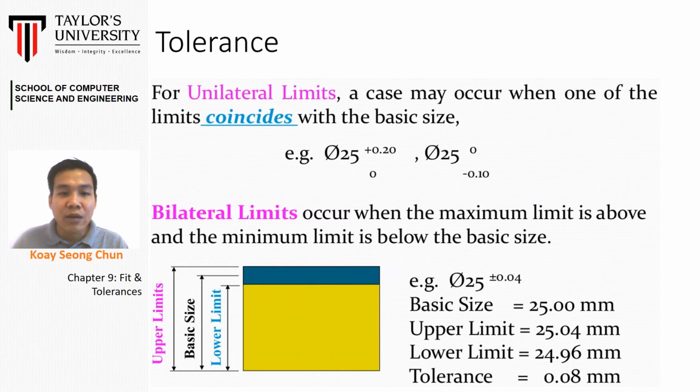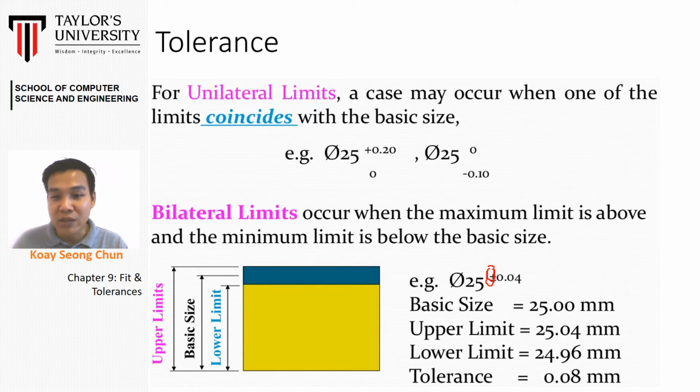Okay, then the other type of tolerance is the bilateral limit tolerance, where we can allow the size to have a bigger value or smaller value. So like this. Usually for bilateral tolerance, we will see a plus minus symbol here.